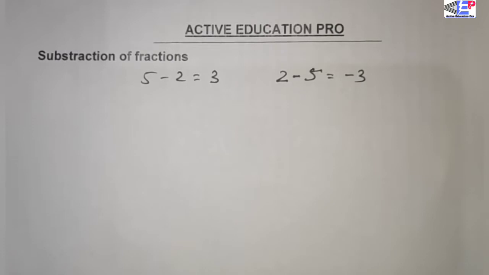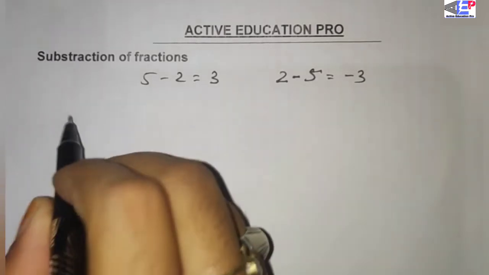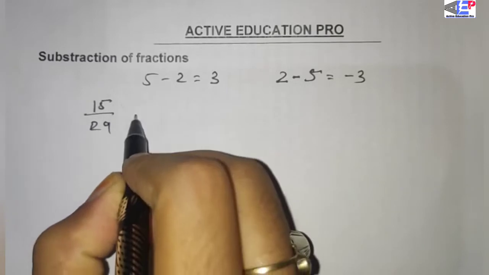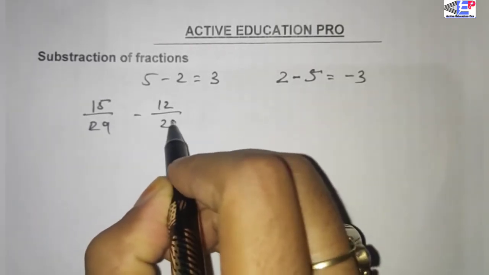Till now we have no idea about integers in class 6, so we have to subtract a smaller fraction from a greater fraction. First take the like fractions example. Suppose this is 15 by 29 minus 12 by 29.